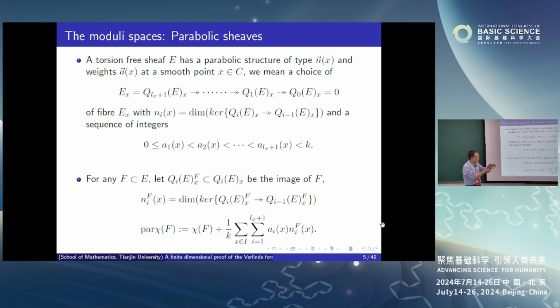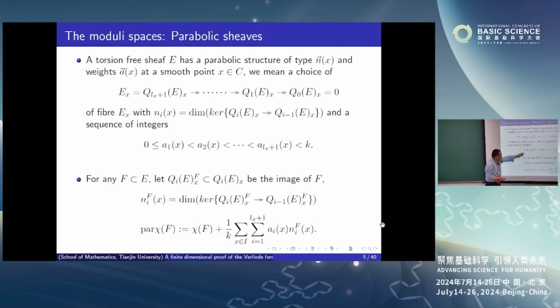Usually I take the GIT quotient of the quotient space, and then you have to fix the singularity and take the quotient. But finally, you can prove that those sheaves are equivalent to parabolic sheaves which are torsion free. So finally, you get the moduli space. The point is torsion free, but when you work this out, you have to treat some other cases.